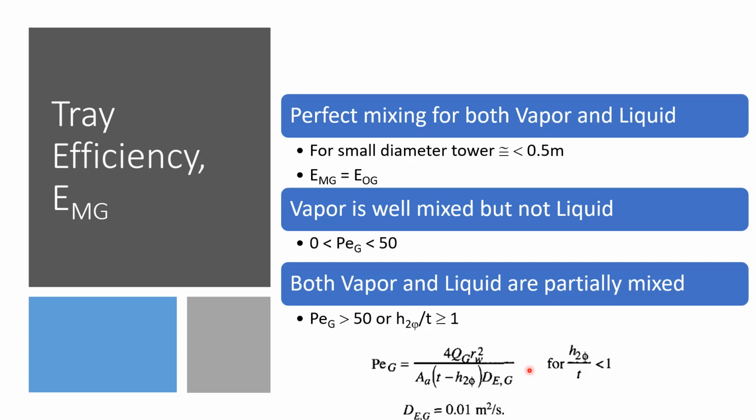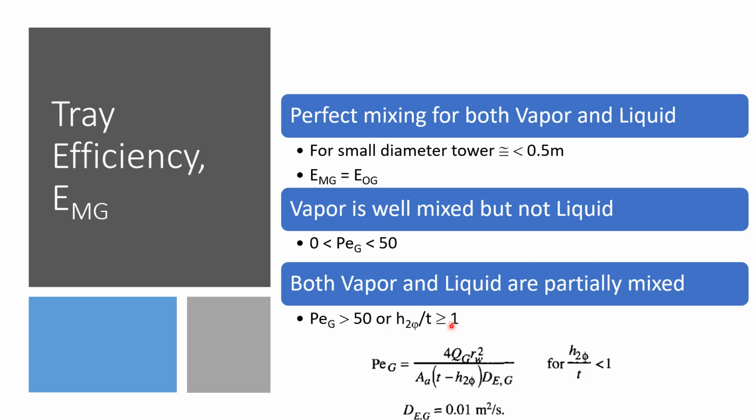So again, we check for this. First of all, scenario number 1 is out of the question. We will not see it because it takes place only for a diameter less than 0.5, and in that case we have to use a packed bed anyway. For scenario number 2 or 3, first we need to check H2 phi over T. If it is greater than 1, then it is scenario number 3.